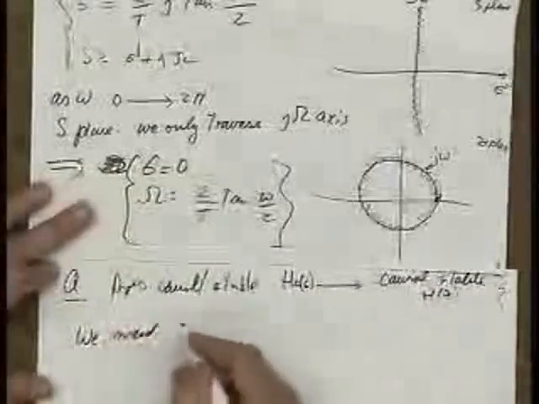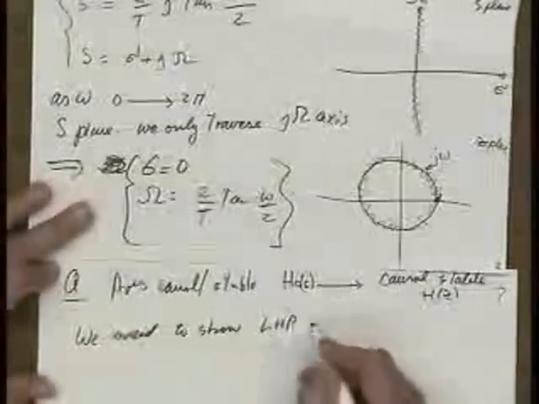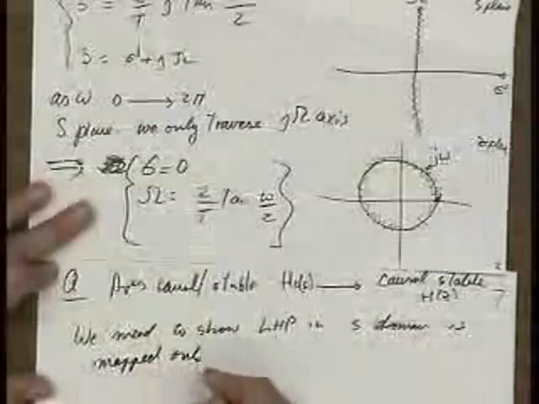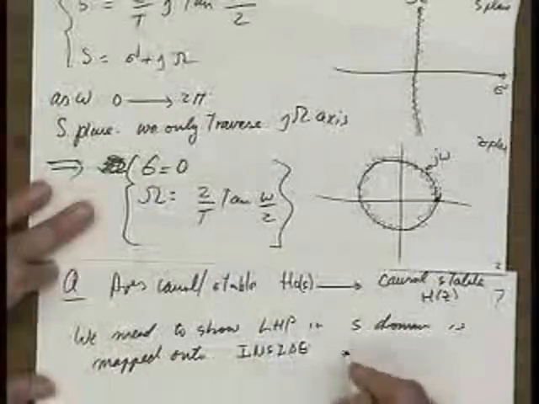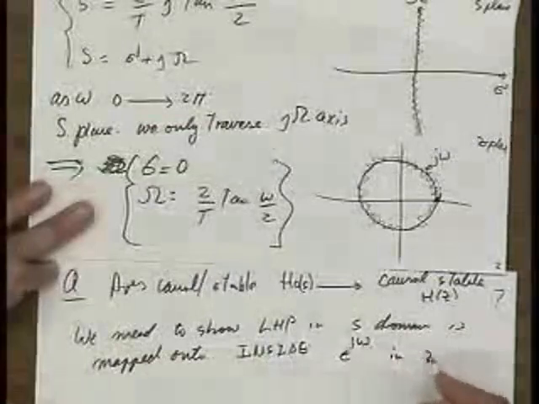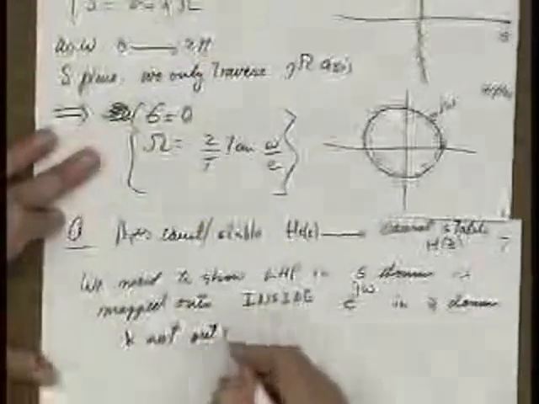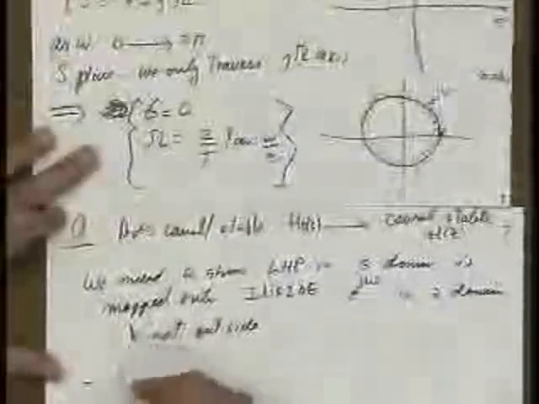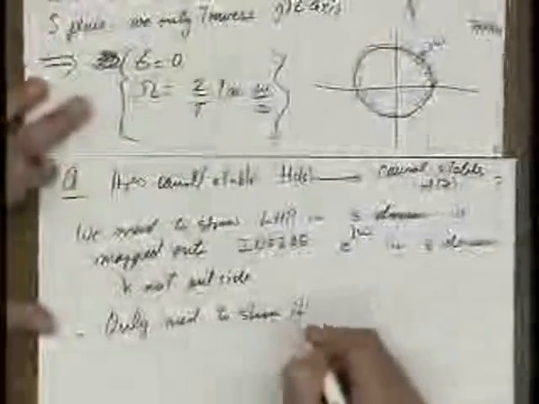We need to show that the left half plane in the s domain is mapped onto the inside of the unit circle in the z domain and not outside of it. If it's outside, we're in trouble. And to do that, we only need to show it for one point.